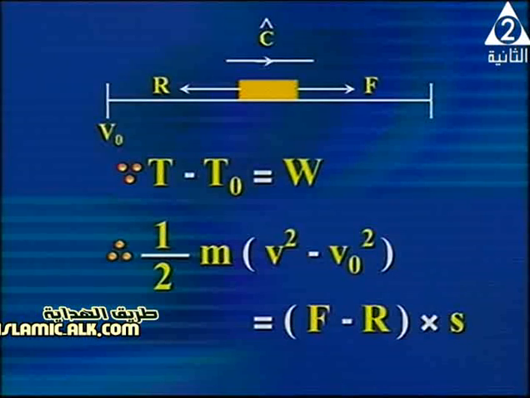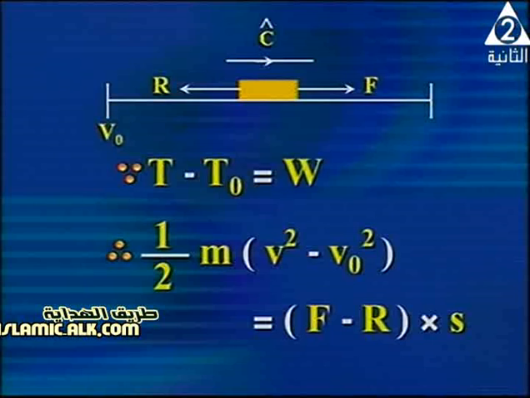Because we know that the change of kinetic energy equals the work done. What is the change of kinetic energy? Half M multiplied by bracket V square minus V naught square. What is the work done? Equal to force times S. What is the force? In this case, we have force and resistance, so the force is F minus R.